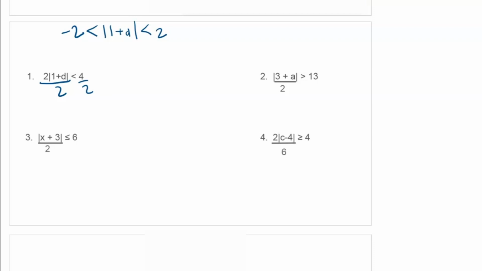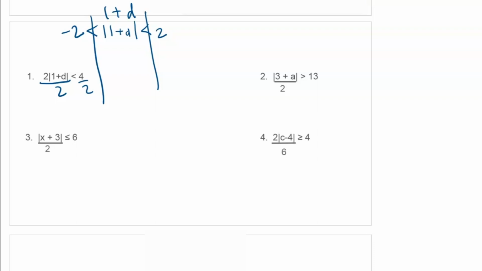So now I have a sandwich, and I'm going to draw my lines through my signs so that I have 3 sections. And now I'm going to just ignore the absolute value sign for a little bit, and I'm just going to imagine this is just 1 plus d. And forget about the absolute value signs for a second.